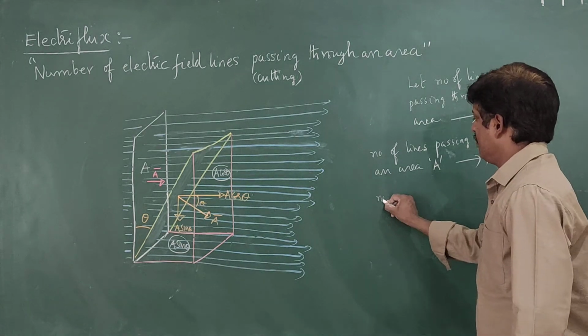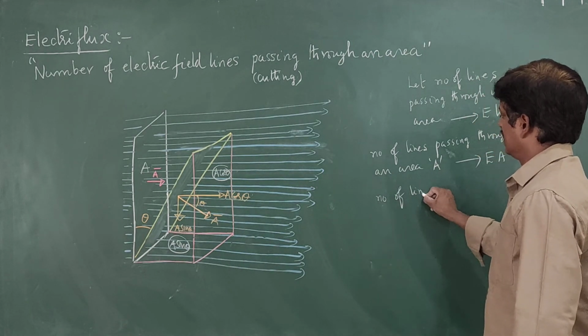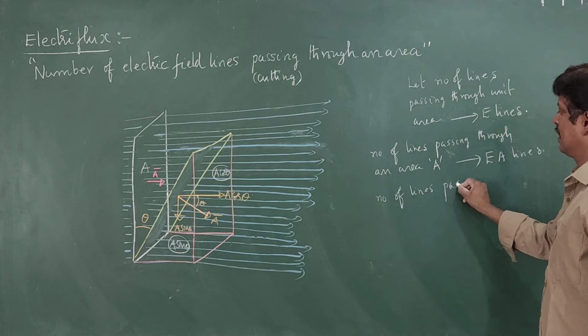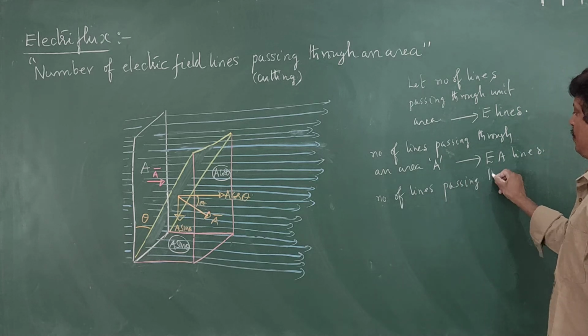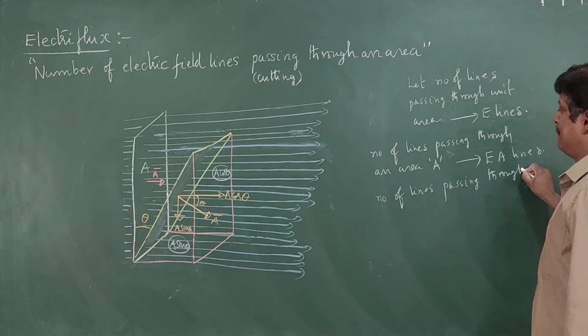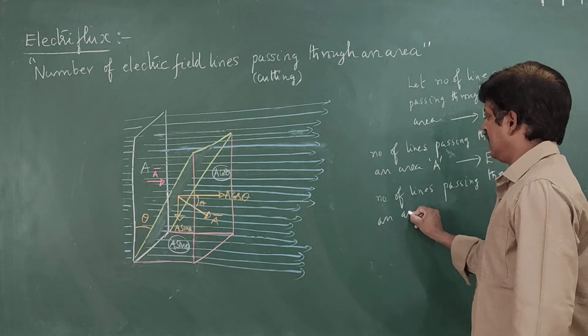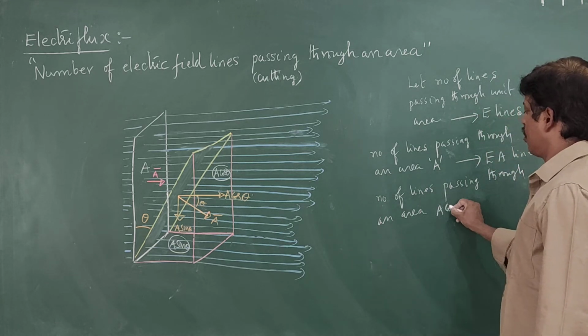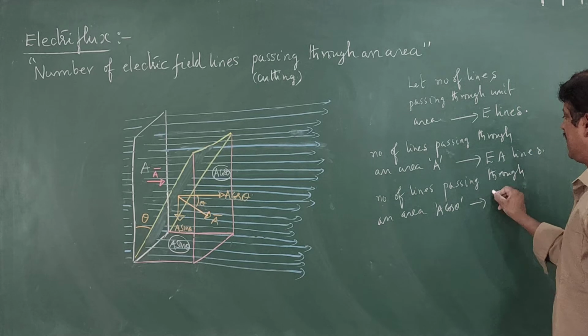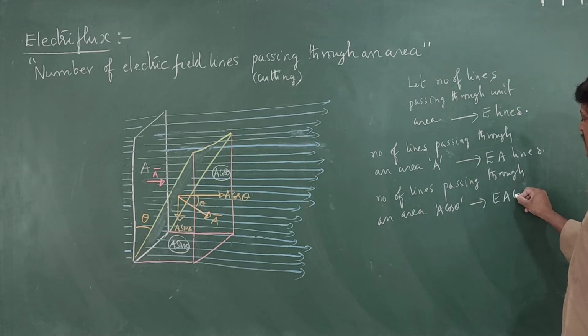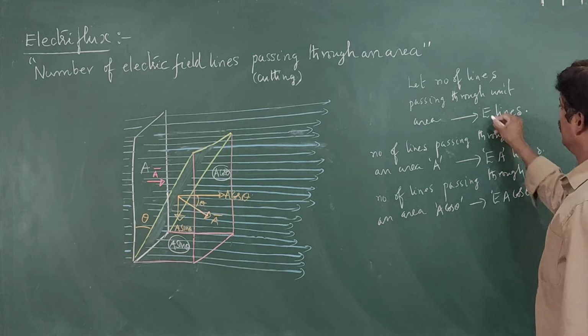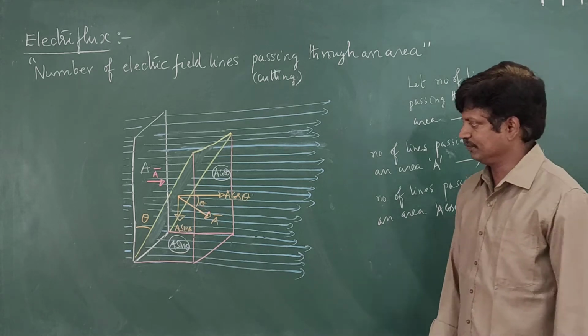Now the number of lines passing through an area A cos theta will be equal to EA cos theta lines.